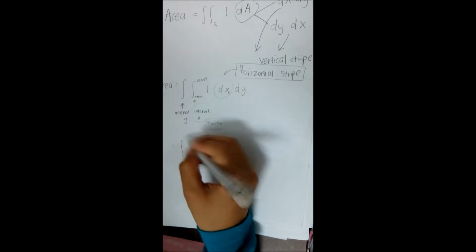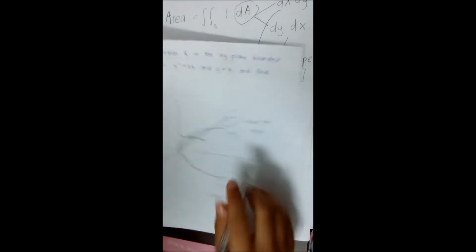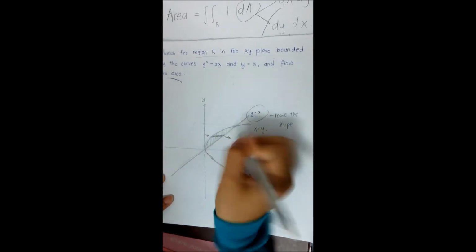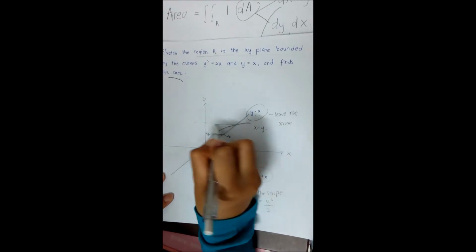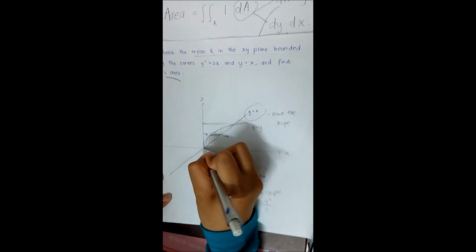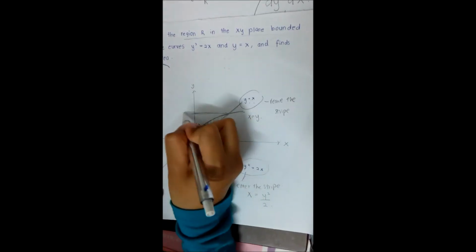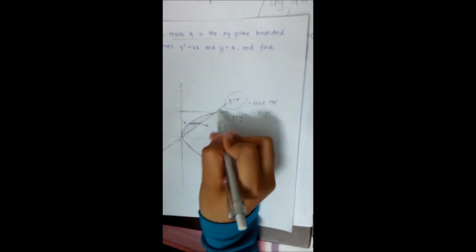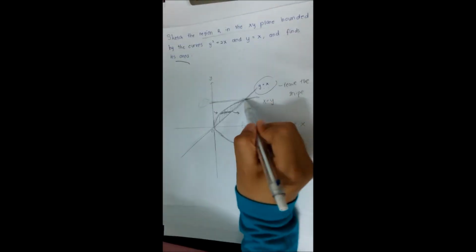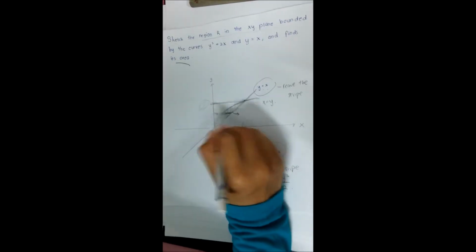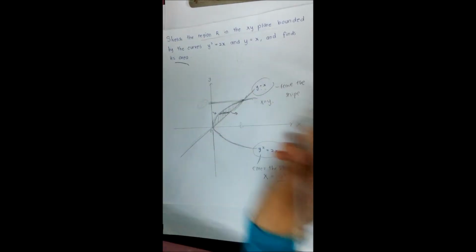Okay, how about for the interval y? So the interval y, we can solve it by looking for the position of the area. The position of the area will be from 0 until this point, but we don't know what the value is. So how to find the point of the intersection for both? To find this point of the intersection, this will be the way for the steps.